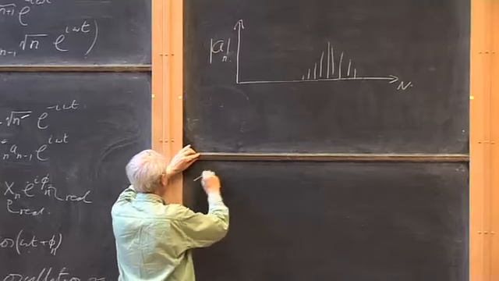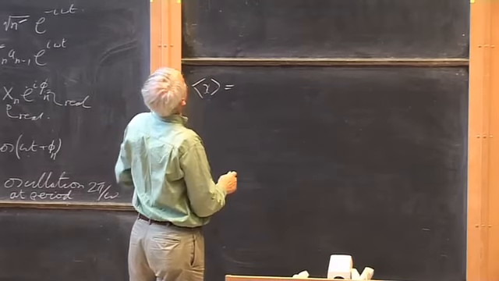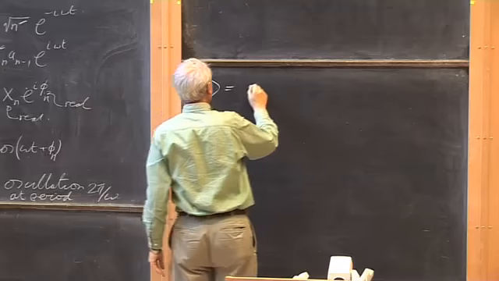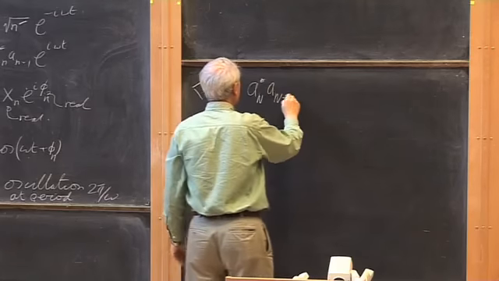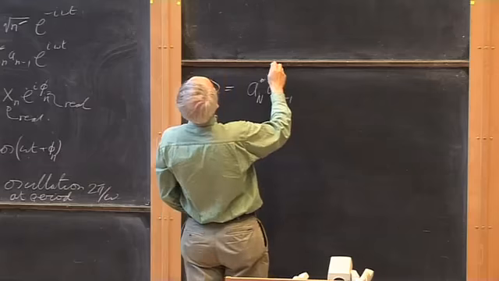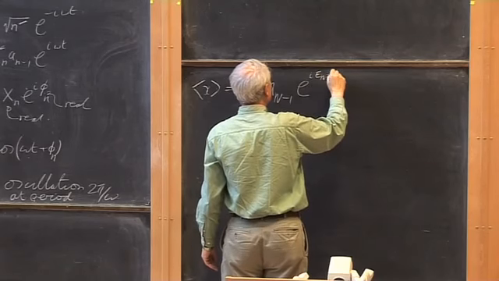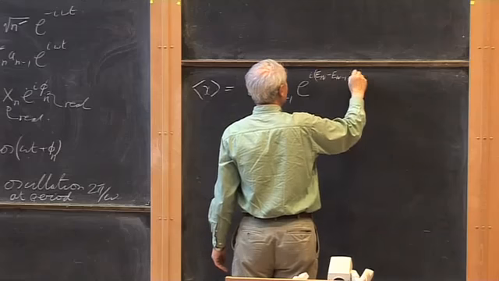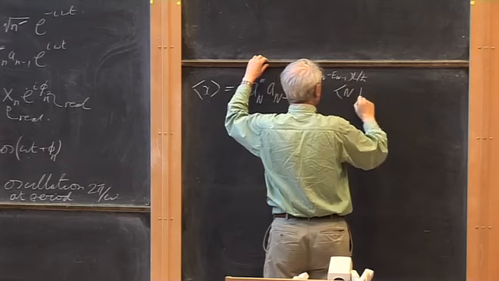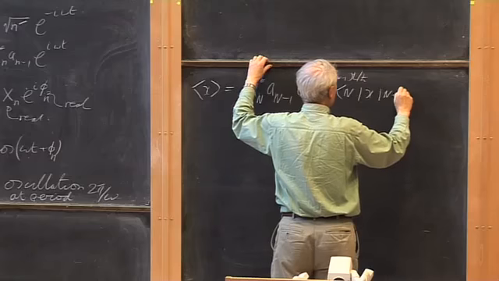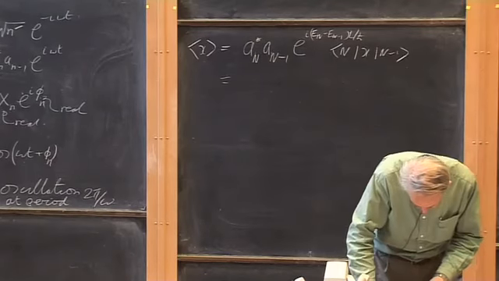And when we come and calculate the expectation value of x, what we now have is the same sort of thing as up there, but it's somewhat more complicated. We're going to have a_n a_{n-1}^*, sort of the things that we had before, e to the i (E_n - E_{n-1}) t over h bar times some matrix element <n|x|n-1>.